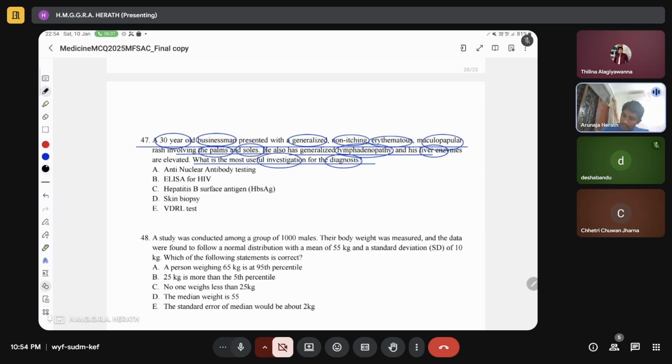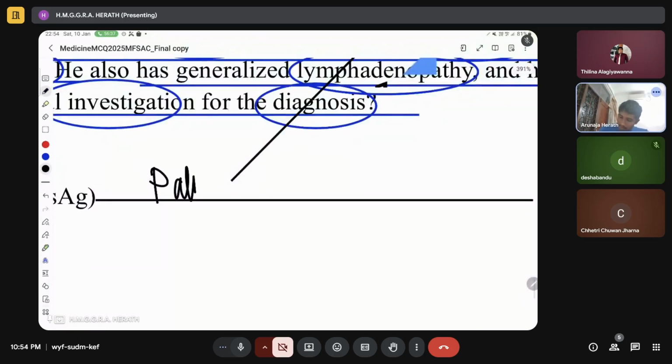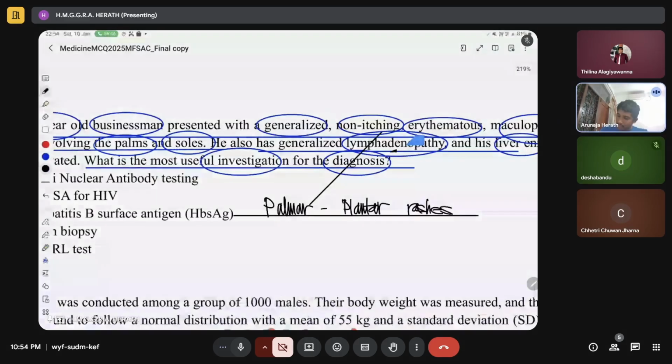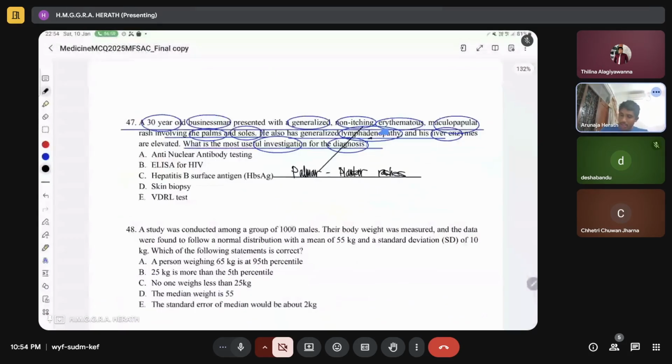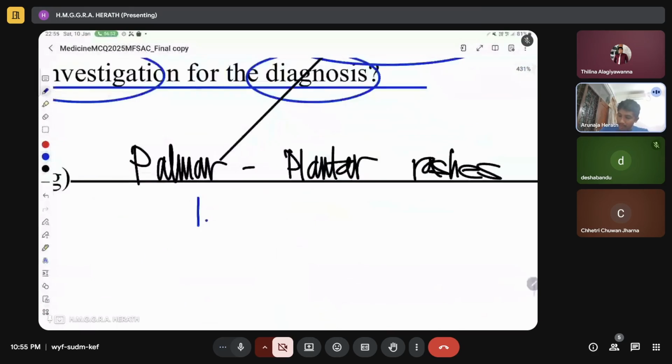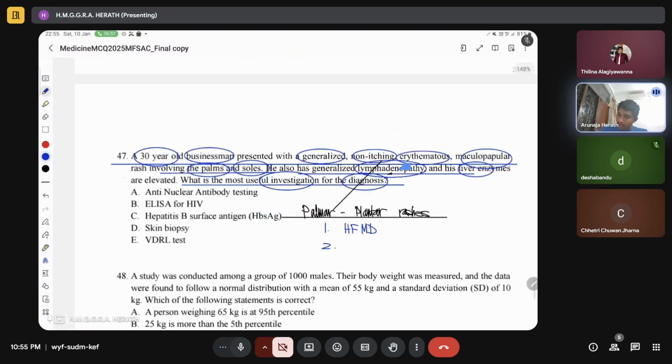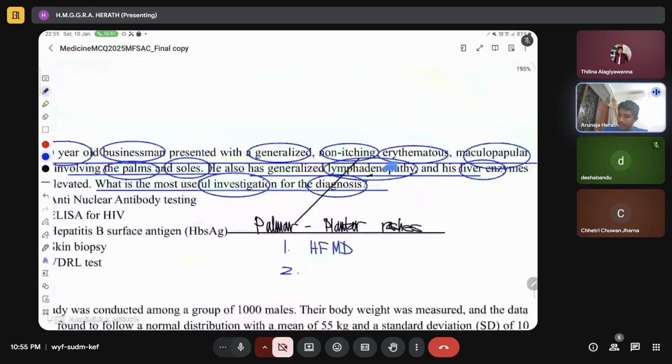So, what are the infective conditions that commonly lead to palm and plantar rashes? One thing is hand, foot, mouth disease. Okay. And the second condition which commonly leads to palm and plantar rashes is what?